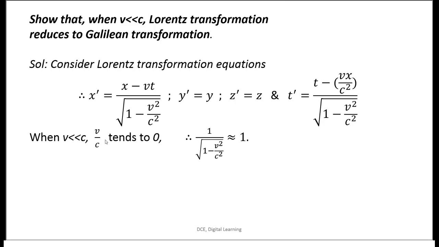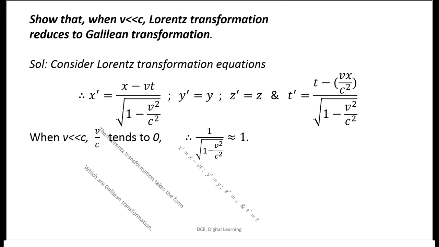Then the term 1 by root of 1 minus v square by c square: 1 minus 0 becomes 1, root of 1 is equal to 1, and 1 by 1 is equal to 1. So this value is nearly equal to unity.